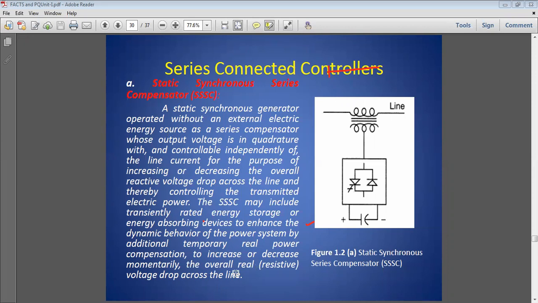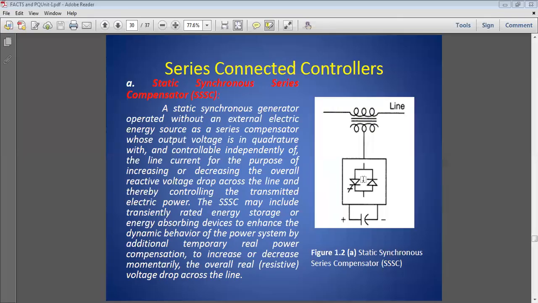So try to understand. As it is connected in series with the transmission line, its purpose is to inject a voltage in phase quadrature with the line current.